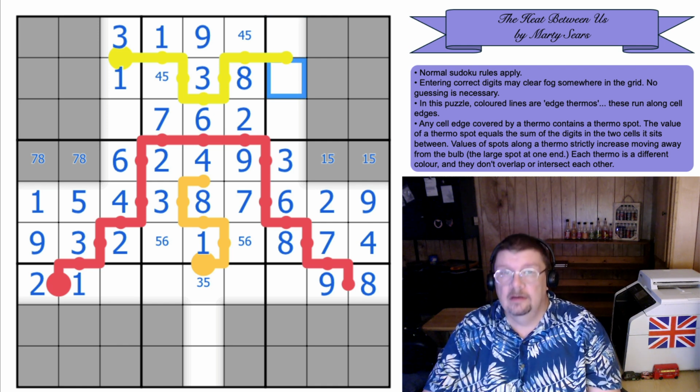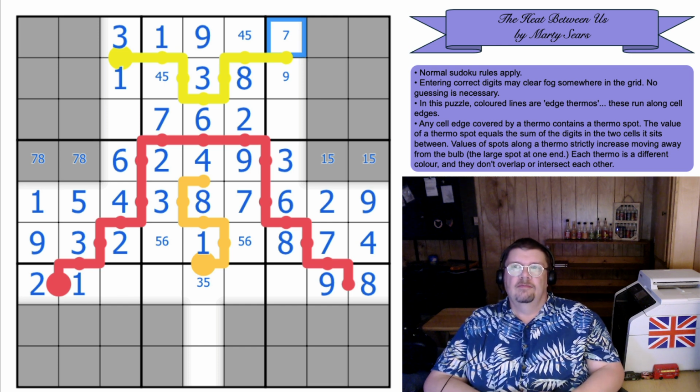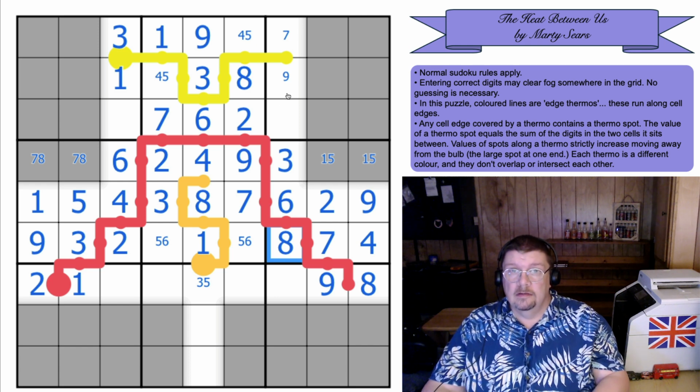So that would be 9 and 7. 15 could not be 9, 6 or 7, 8. 14 could be 9 and 5, but not 6 and 8. That's the only two ways to make 14.